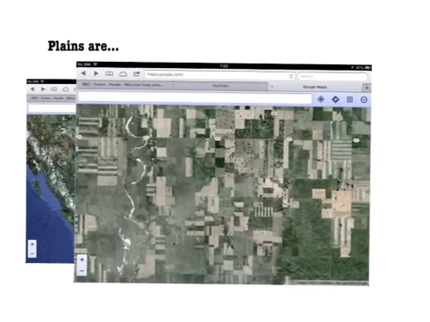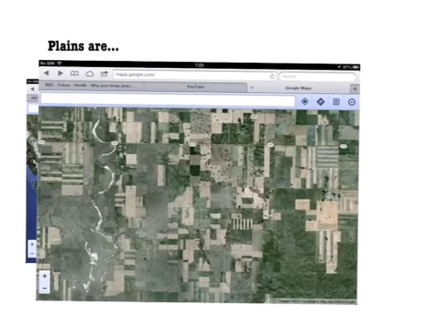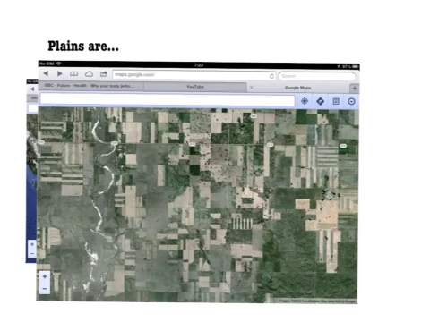This close up shows us that there are many fields and things being grown. So plains have areas which have fertile soil suitable for agriculture. And look at this road here. It is a very straight road because the ground is so flat.